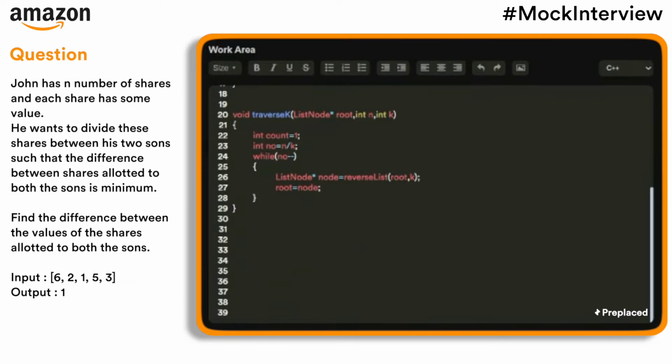So what would be the target sum for one of the partitions? It would be the sum of all these elements divided by 2. Correct? Yes. Okay, and what are the weights and the values here? These are the weights. Okay, and what are the values?